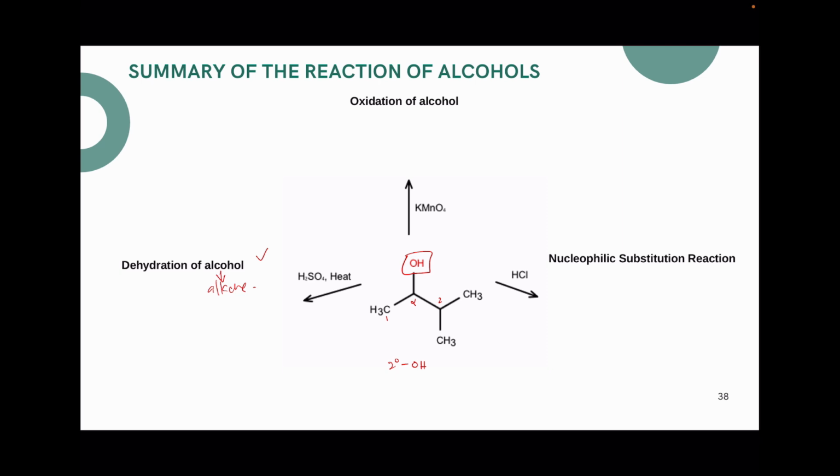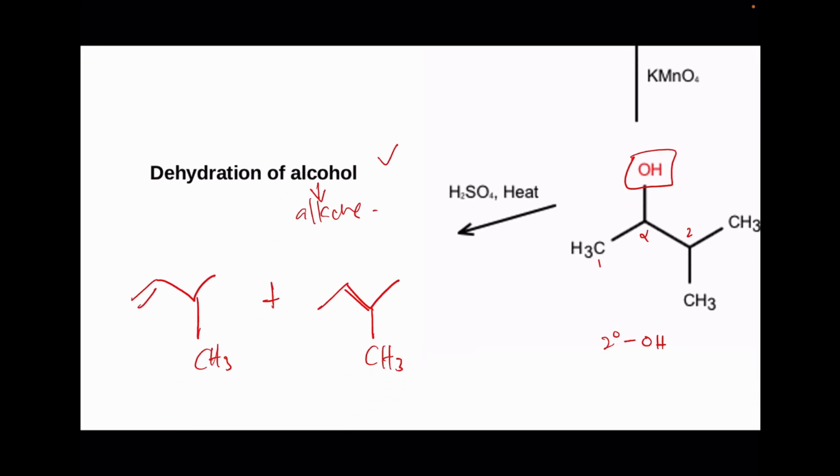Then you will get the product structure like this one for the first one, and the second one is like this one. Alpha with the first carbon, alpha with the second carbon.